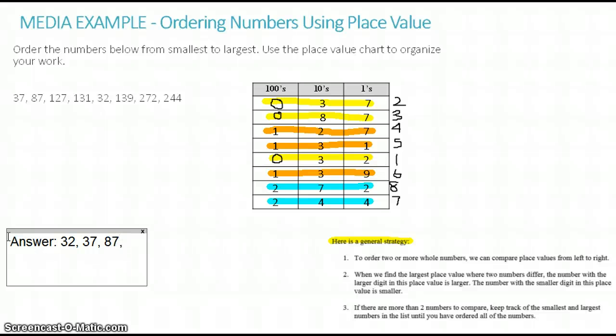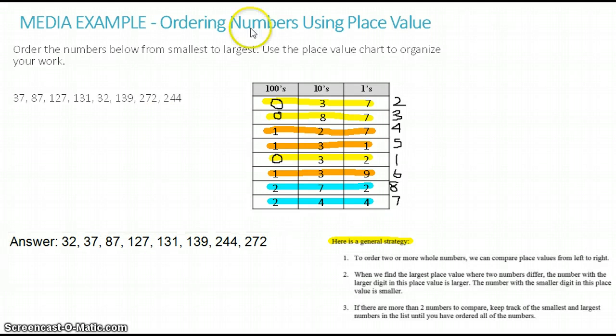Number 4 is 127. Number 5 is 131. Number 6 is 139. Number 7 is 244. And the largest number, number 8, is 272. So we've ordered all the numbers in this chart from least to greatest.